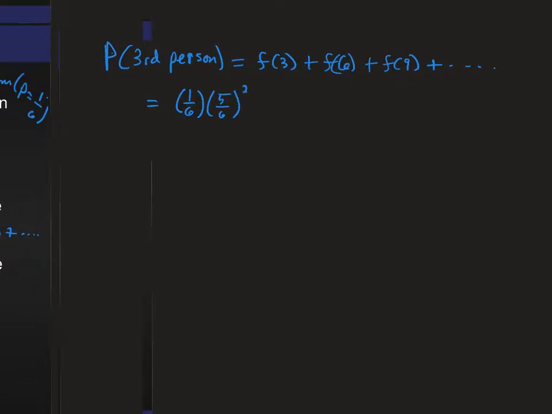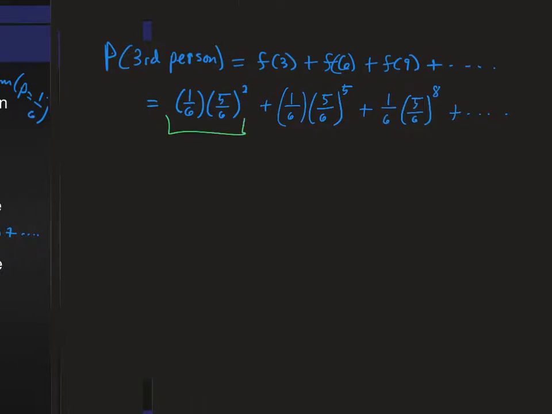This would be the PMF value for f of 3. Then we'll have 1/6 times 5 out of 6 to the 5th, plus 1/6 times 5 out of 6 to the 8th, plus etc., etc., etc.